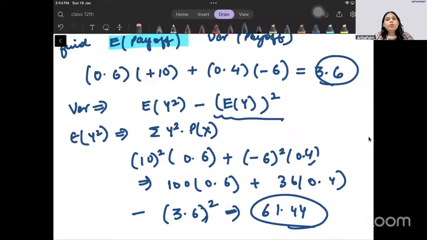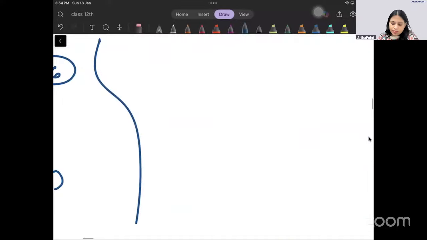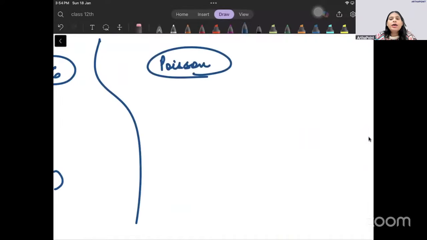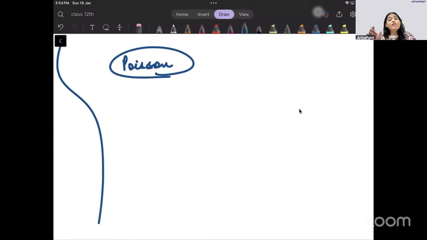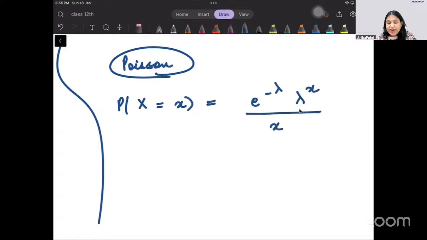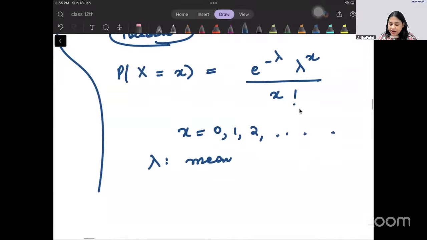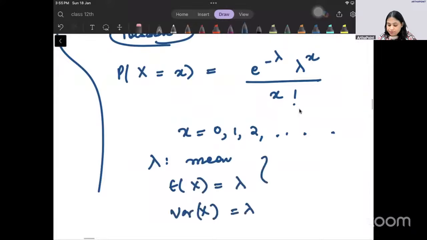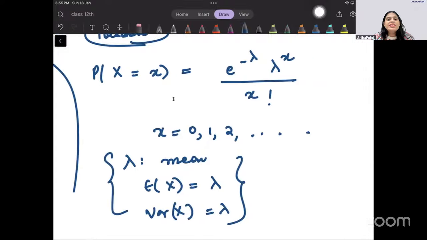So the next one which I want to come to, that is called Poisson distribution. अब जब हम Poisson distribution के बारे में बात करते हैं, Poisson distribution is any distribution where your models are over a fixed interval. And Poisson का हमारा formula हो जाता है probability x is equal to e to the power minus lambda, lambda to the power x by x factorial, where x can be 0, 1, 2 and so on, and lambda is called your mean. ठीक है, and expected value of x is also lambda and the variance of x is also lambda. ये हो जाता है हमारा Poisson distribution.